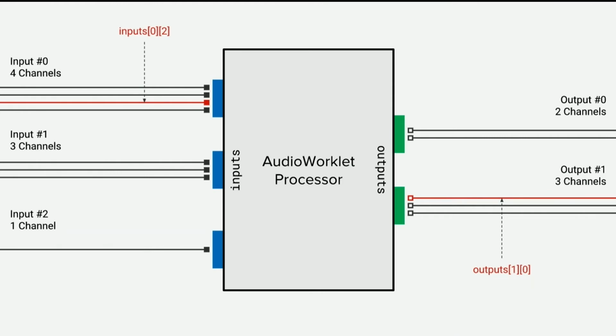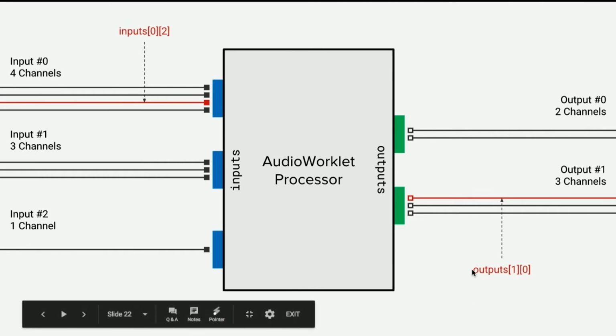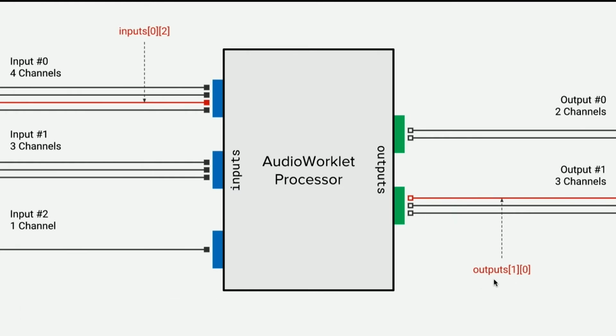Let's say you want to access the first input and third channel. This is how you access those channel streams. Same thing with output. If you want to access the second output and the first channel, you pass this. So this is just an illustration.